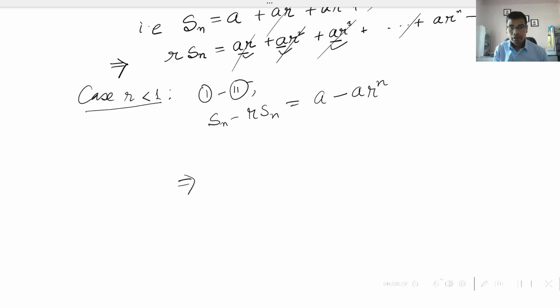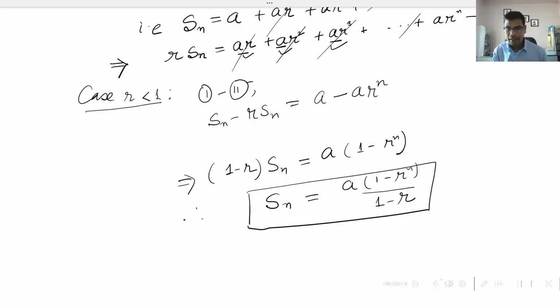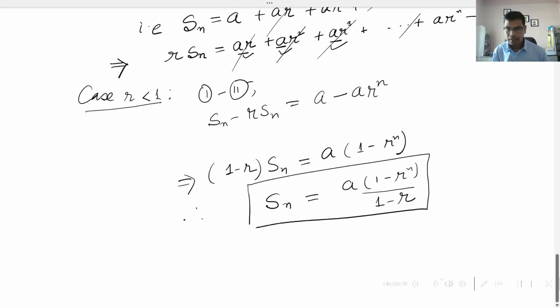Now we can take Sn common, so 1 minus r inside the bracket, and on the right hand side we take a common, and 1 minus r to the power n. Therefore Sn is equal to a of 1 minus r to the power n, whole thing divided by 1 minus r. This is the sum of the first n terms of a GP if the common ratio is less than 1.